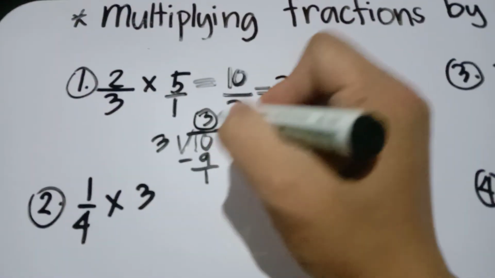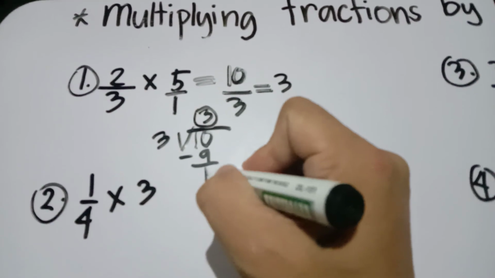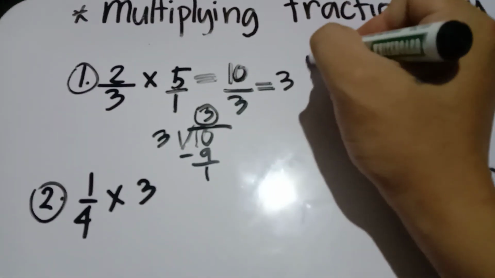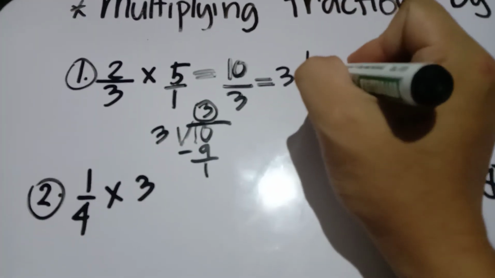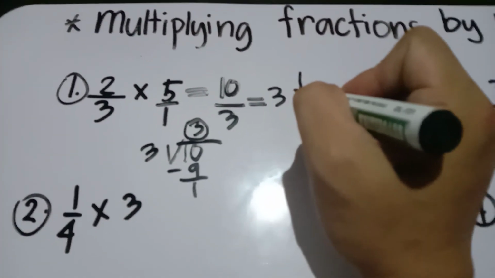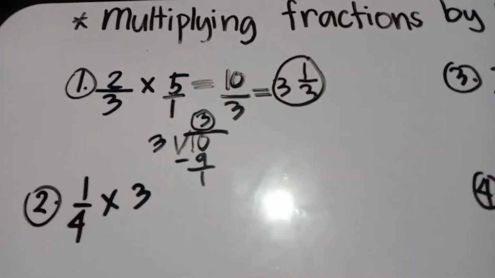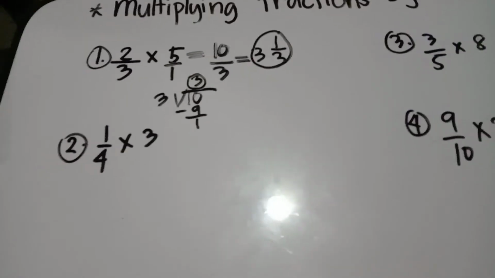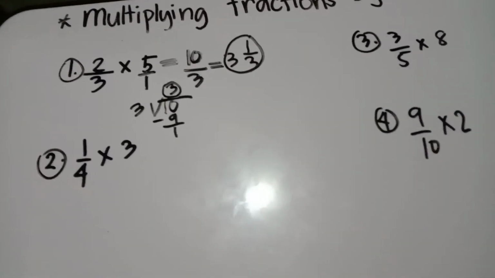So 3 will be the whole number, while 1, which is the remainder, will be the numerator. And just copy the denominator. Okay, so try to check. 1/3 is in lowest term. So 3 and 1/3 is the answer. Okay, so ganun lang po kadali mag-multiply ng fraction and whole number.